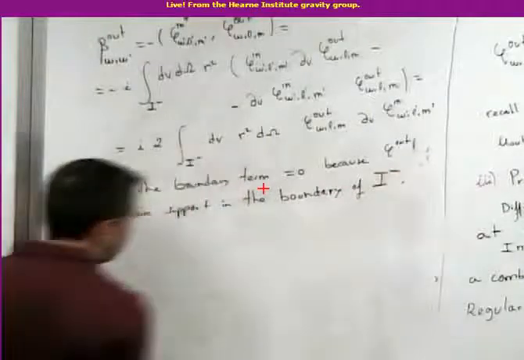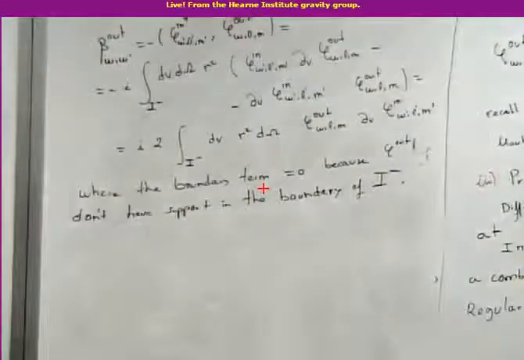It's very nice. So they propagate backward in time and they don't have support neither here, neither in the boundary because they are null.